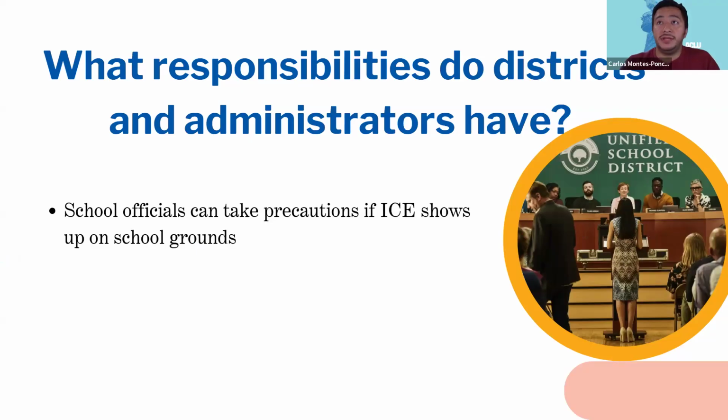But administrators can go further by not inquiring into students' information, parents' or immigration status upon enrollment, not doing unnecessary searches on the student's background, and ensuring that the policies regarding information sharing prioritize protecting the information of students, staff, and their families.